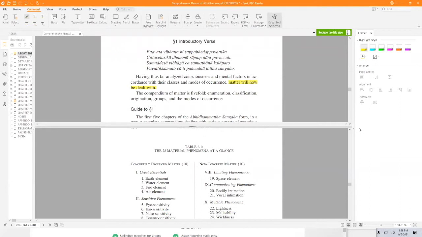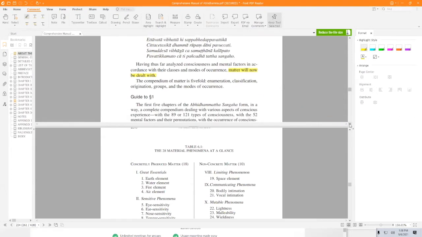So far through our previous classes, we've covered Chitta in great detail. In chapter 2, and to some extent in chapter 3, we dealt with the Chaitasikas, and now we're going to be dealing with rupa, the third, and at the end of this, the fourth ultimate reality, Nibbana.